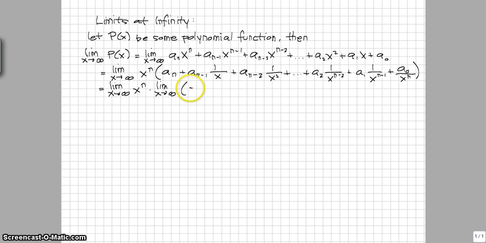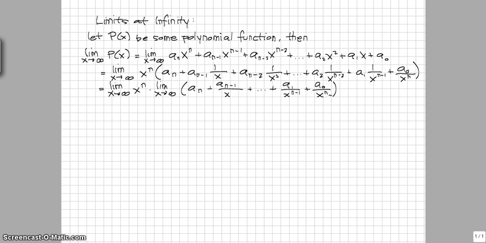I'm going to cut out a couple terms and have it take up less space. a sub n plus a sub n minus 1 over x plus, and so on until we get to a sub 1 over x to the n minus 1 plus a sub 0 over x to the n.